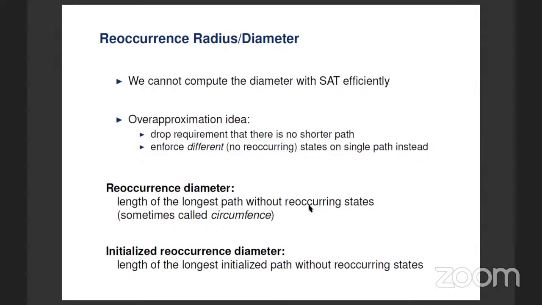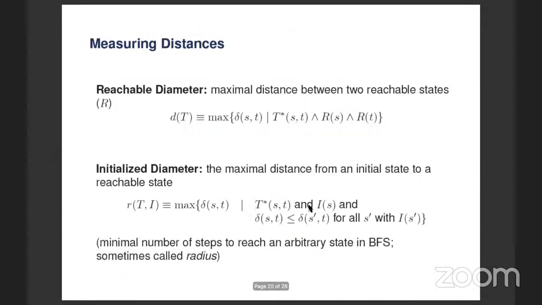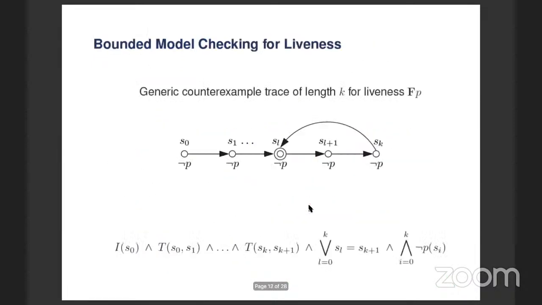So it is the size of a simple lasso, okay. For simple liveness properties, it's enough for you to go till you get a point where there are no states repeating, and then you have lassoed like this, okay. So that is what the reoccurrence diameter is.